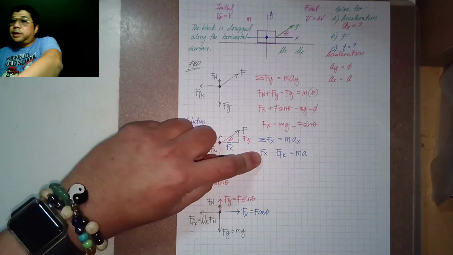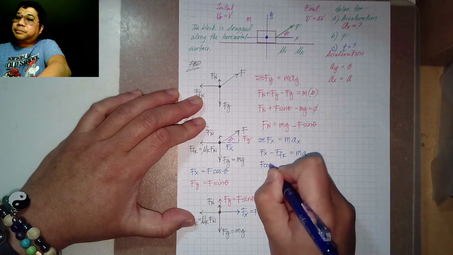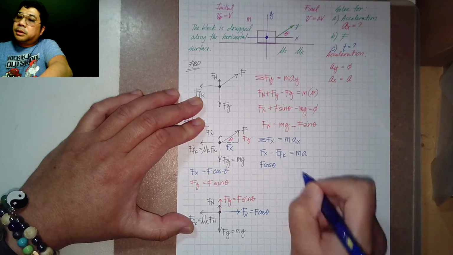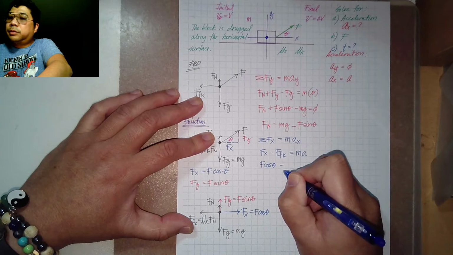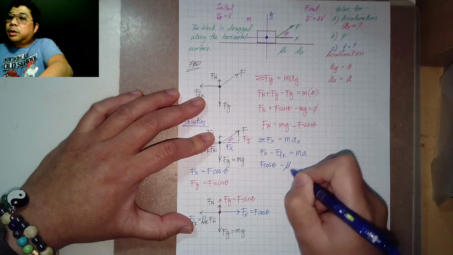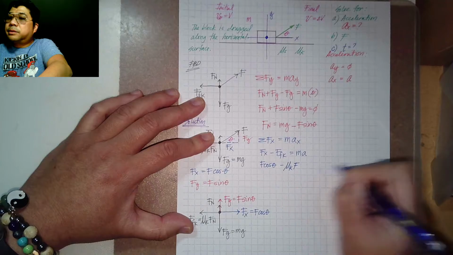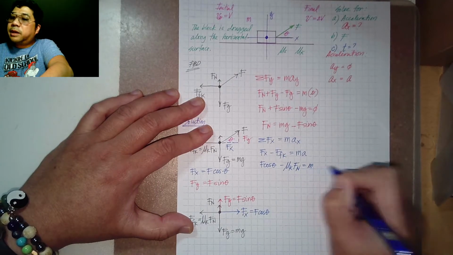Now, F of x, which is F cosine theta, and then we have minus mu of kinetic friction multiplied by the normal force, is equivalent to mass times the acceleration.